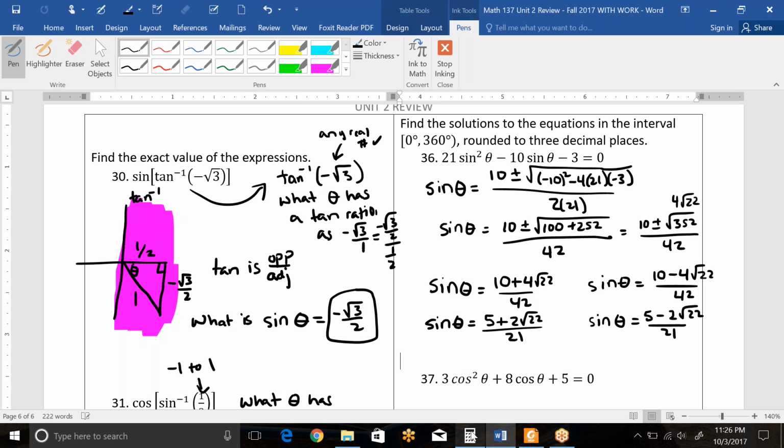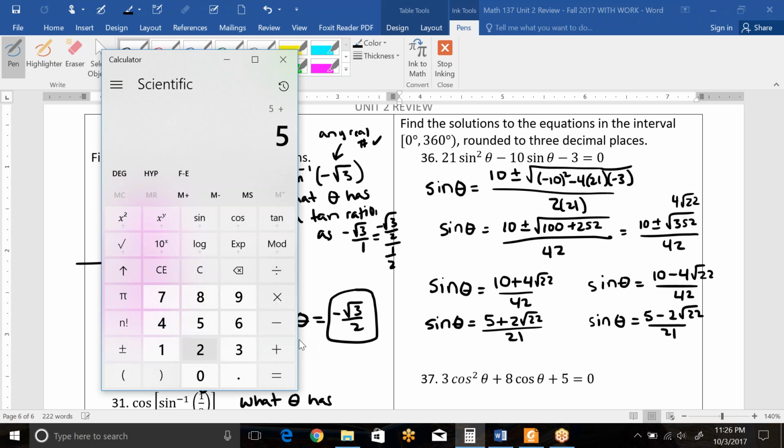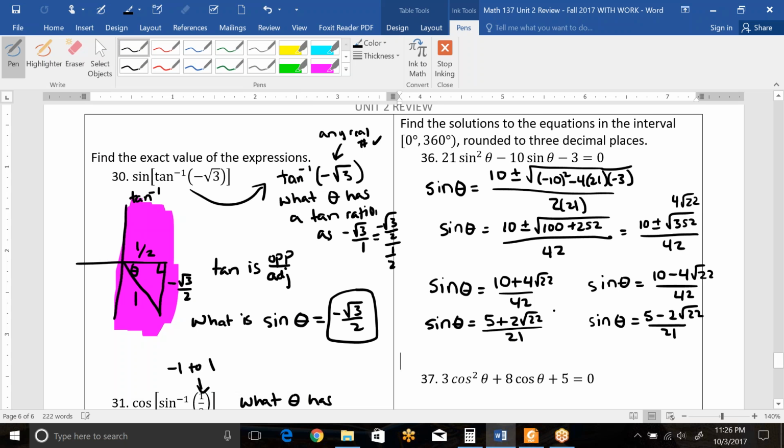So let's figure out what 5 plus 2 times the square root of 22 is, that's our top. Go ahead and hit enter, divided by 21. So that's about 0.685. I'm checking to see if it's between -1 and 1, and this one's good.